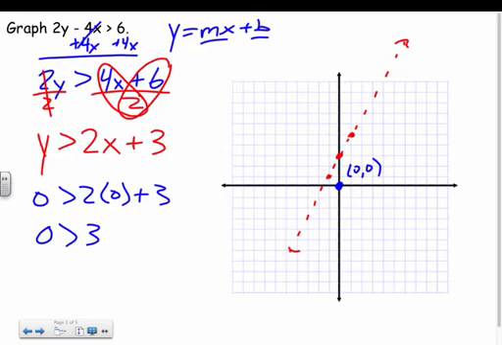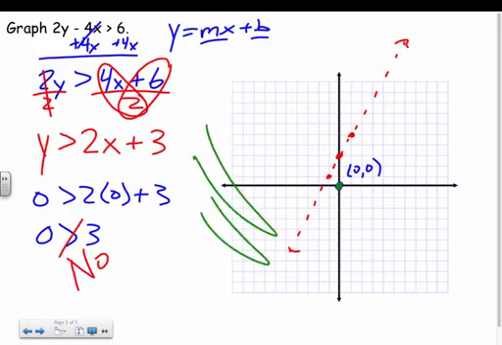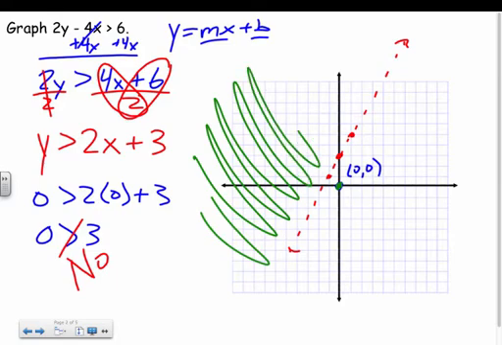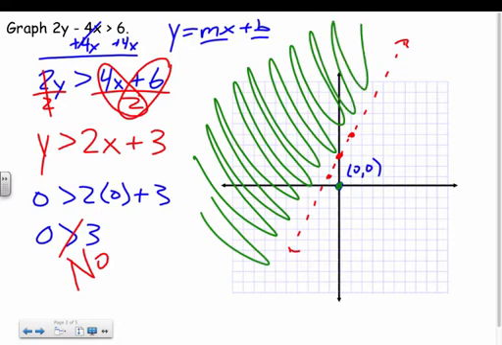Is 0 greater than 3? No, this does not work. That does not make sense. 0 is not greater than 3. So what that means is I shade the other side of the line. Since 0, 0 was over here and it didn't work, none of the points on that side work, but all of them on the other side work. So I shade this entire side of this line.